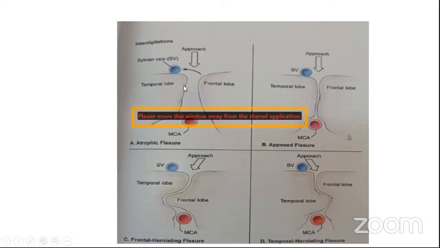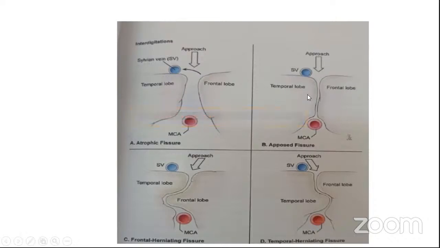Because we have to approach in between the two lobes, frontal and temporal, we need to see the pre-op scans, as we are talking about the age of the patient. Sometimes you can see atrophic fissures, most commonly present in older patients, with minimal contact between the frontal and the temporal lobe.